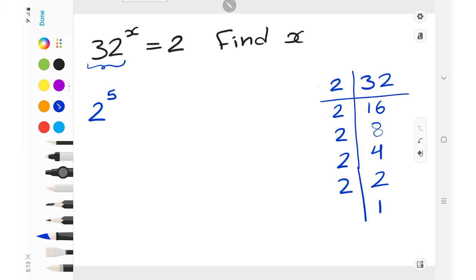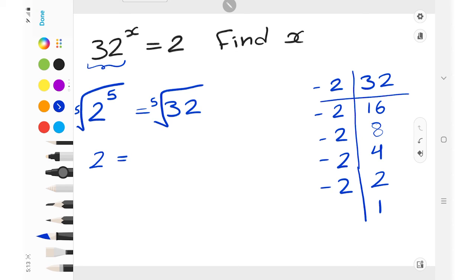I have here 5 twos: 1, 2, 3, 4, 5. So 2 to the power 5 is equal to 32. Now if I take the fifth root on both sides, I will get 2 equals the fifth root of 32. I can write this as an index: 32 to the power 1 over 5.